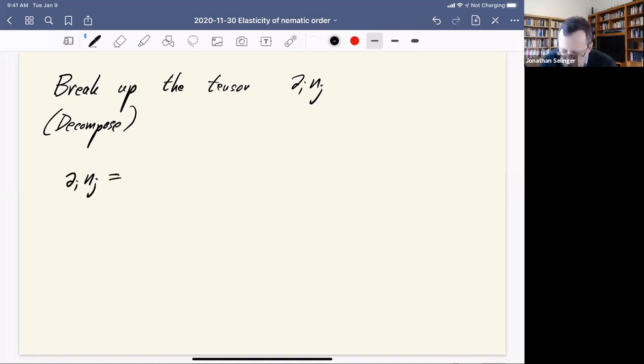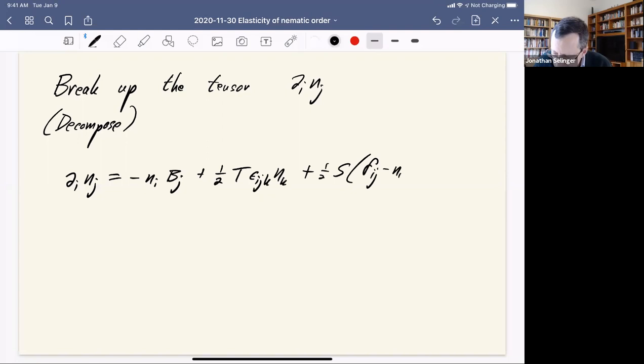I have a construction where this set of derivatives can be written as the sum of 4 types of modes. So let me write this out and then I'll explain all of the pieces. Plus 1/2 s_ij minus n_i n_j.